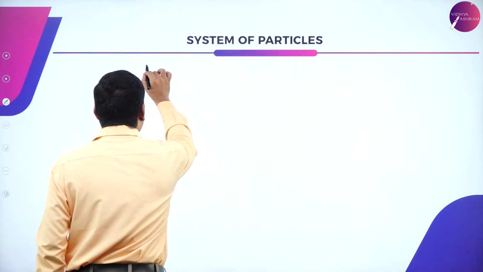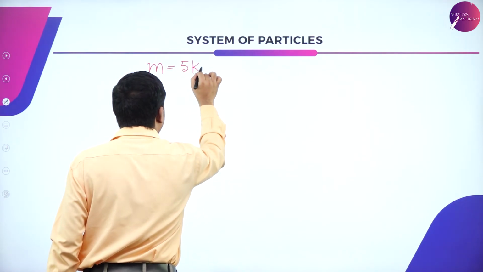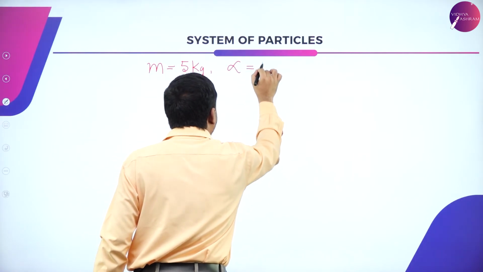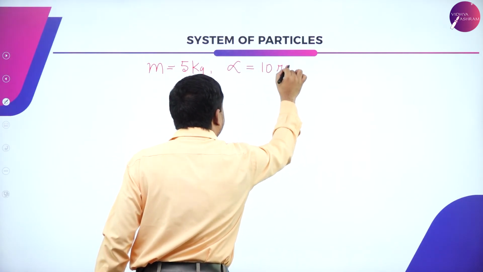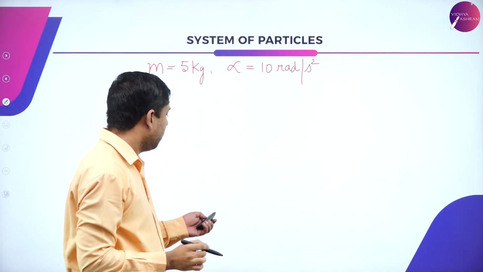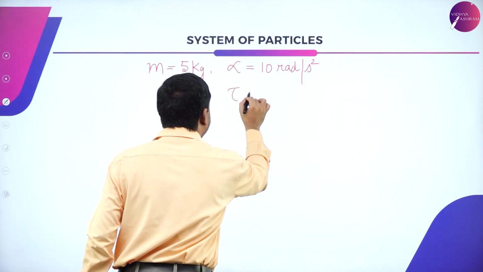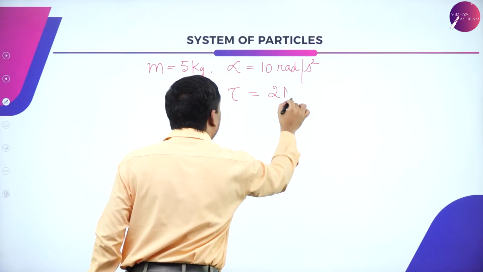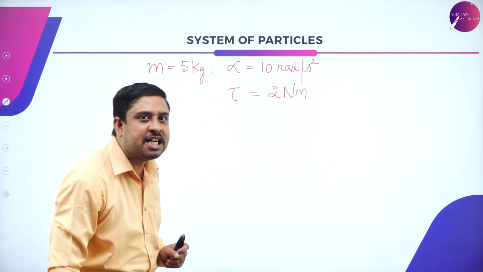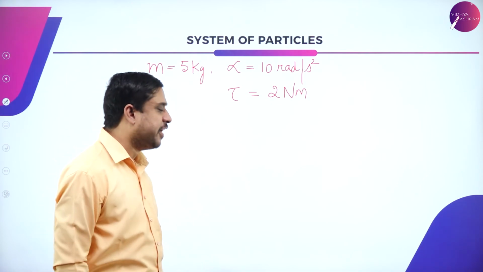So mass of the body is given, 5 kg. Angular acceleration alpha is 10 radian per second square, and torque tau is 2 Newton meter. With this, first, how will I calculate moment of inertia?